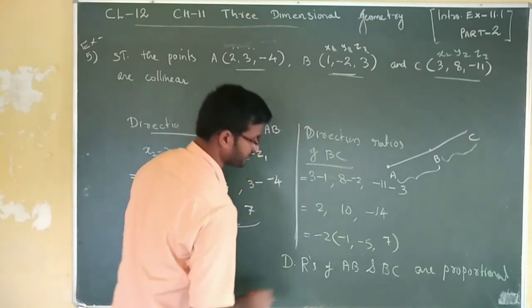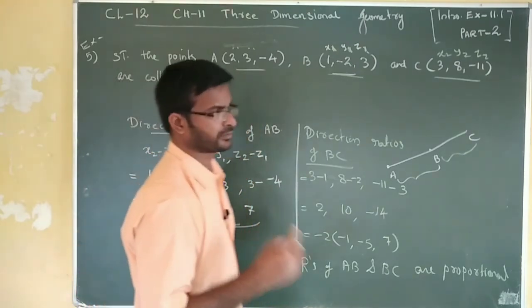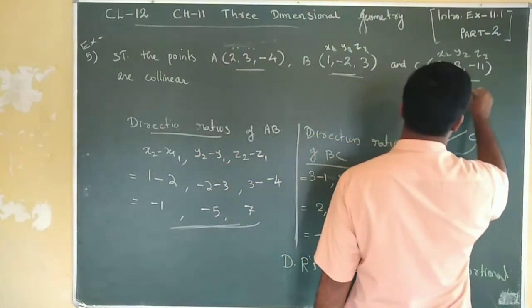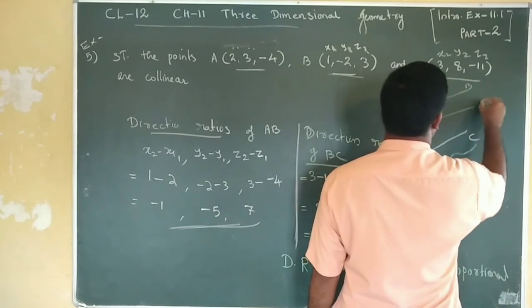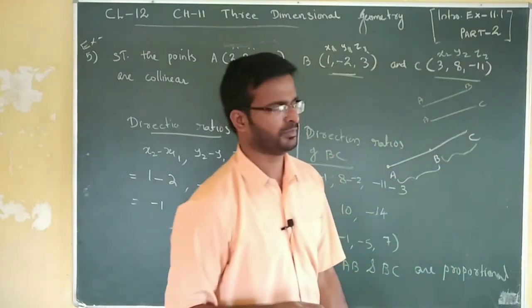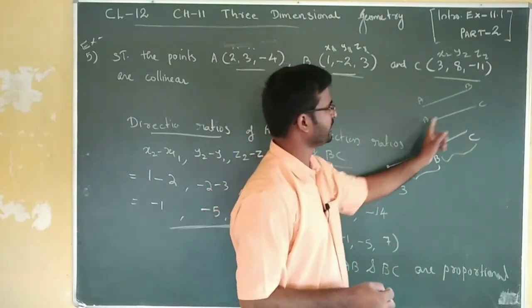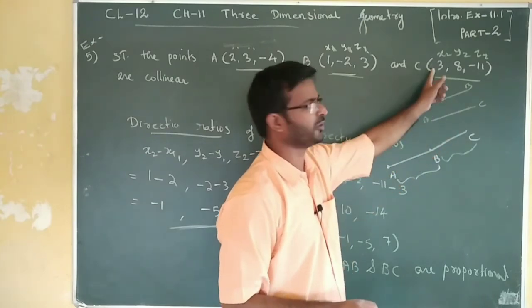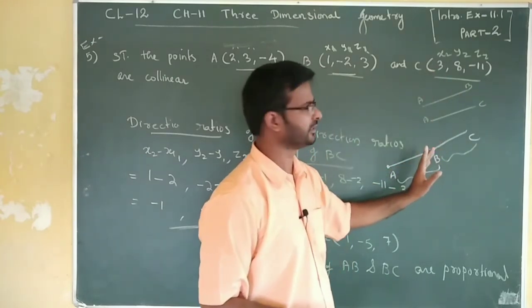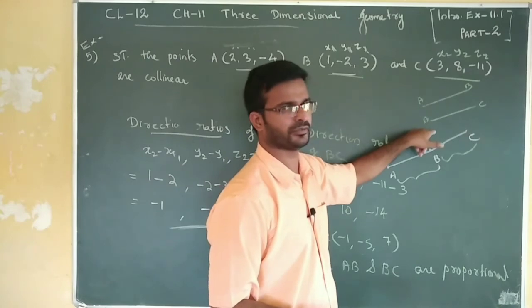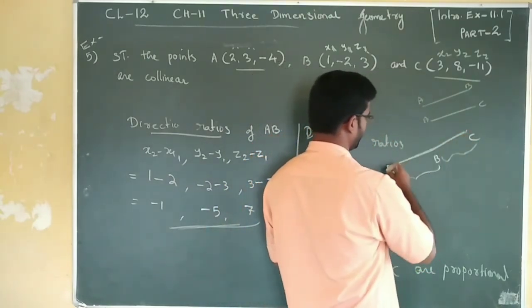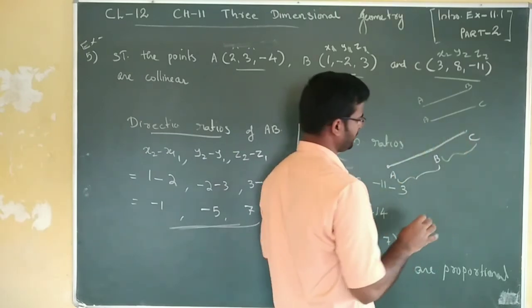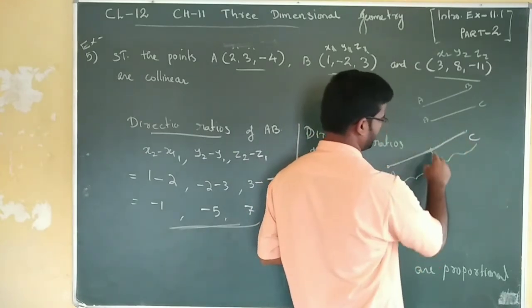Two direction ratios being proportional means we can say the two lines AB and BC are parallel. But there is one common point only, B. B is common, isn't it? Then we cannot draw them separately. We will draw one straight line. AB and BC are parallel, and the common point B is there.